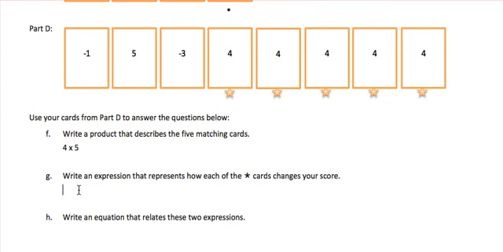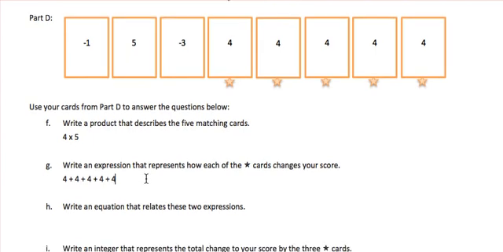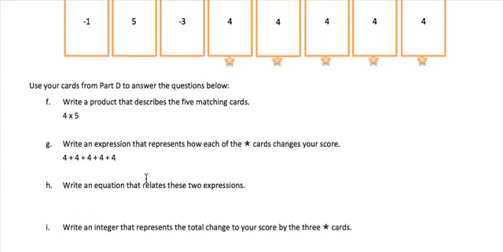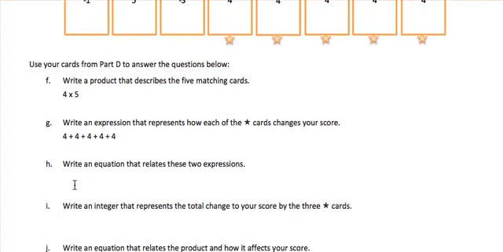And an expression showing how those starred cards change our score would be the repeated addition 4 plus 4 plus 4 plus 4 plus 4, since we are adding 4 5 times. And the equation that shows the relationship between those two expressions, 4 times 5 equals 4 plus 4 plus 4 plus 4 plus 4.